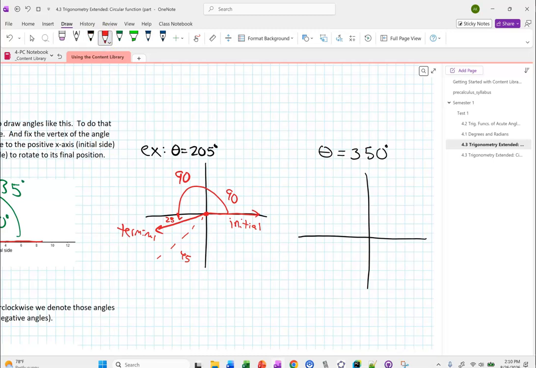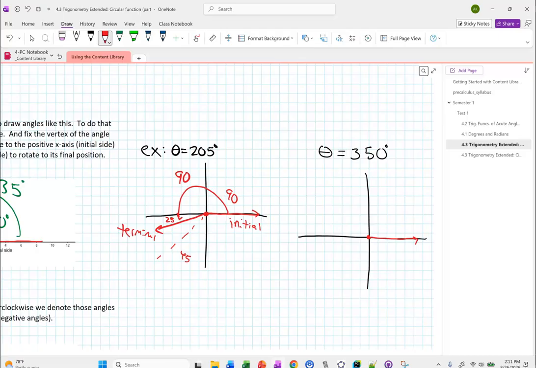So let's say we're going to do 350 degrees. First step, vertex at the origin. Second step, initial side on the positive x-axis. Now we're going to rotate. Notice which direction am I rotating every time here? Counterclockwise, turning to the left, right?